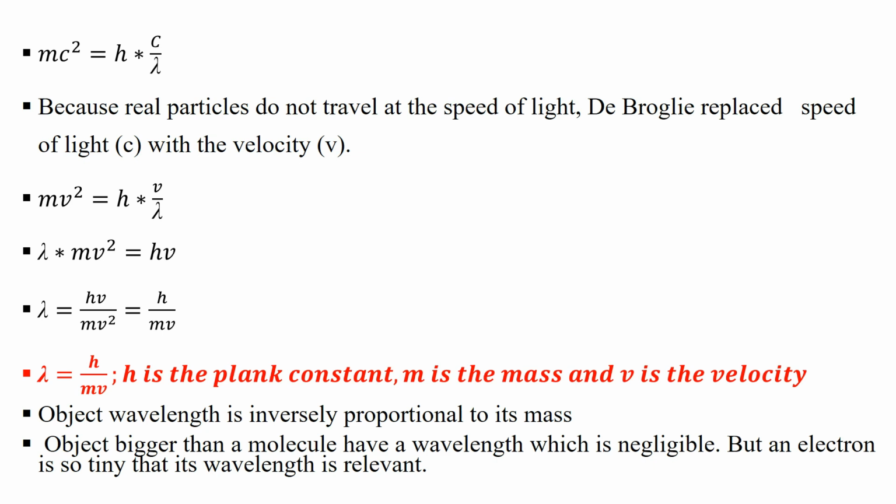An object with a high mass will have a lower wavelength, and an object with a very small mass will have a higher wavelength. So an electron, which is very small, will have a relevant wavelength, while big objects will have a very negligible wavelength because they have a higher mass. That is what the formula means.